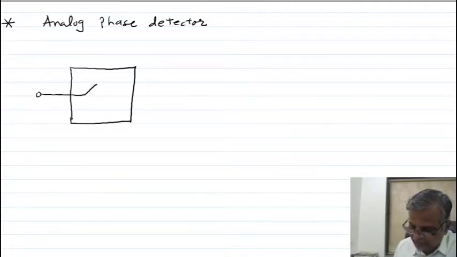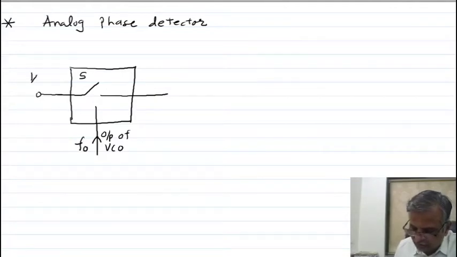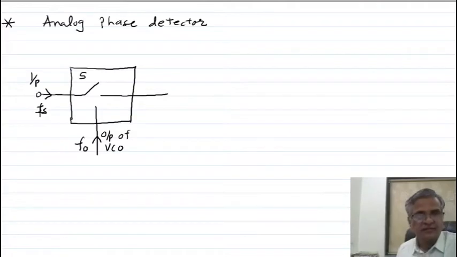Here is the switch, let me say S, and we are giving the output of VCO to this point. Let me say this frequency is FO, and the input signal is FS. Here at the output you will get the error voltage.